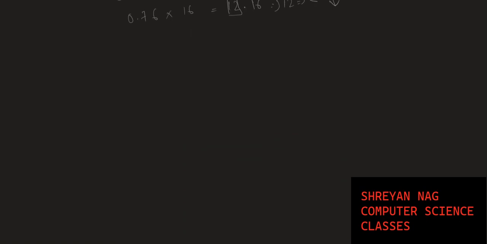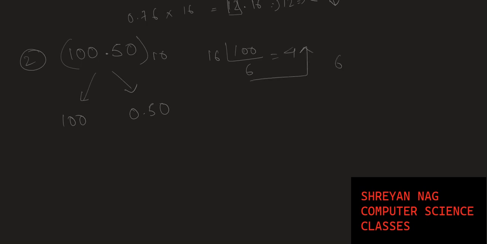Let us take another example: 100.50 base 10. Let us convert it by splitting into two parts, 100 and 0.50. 100 divided by 16 gives 6 with 96, and the remainder is 4. So from bottom to top it is 64.